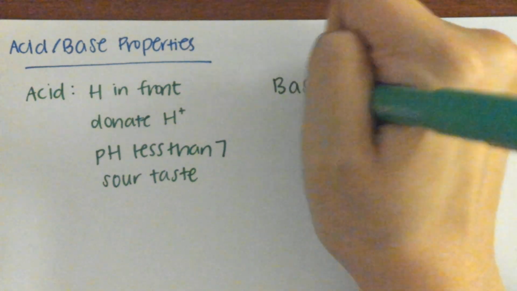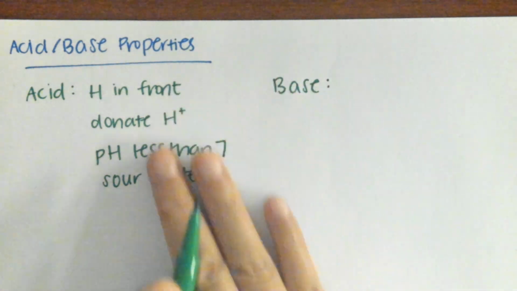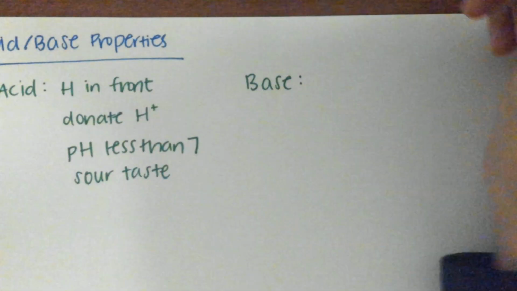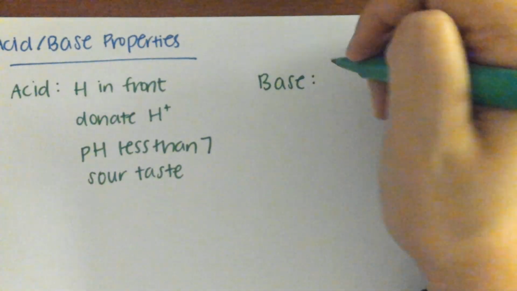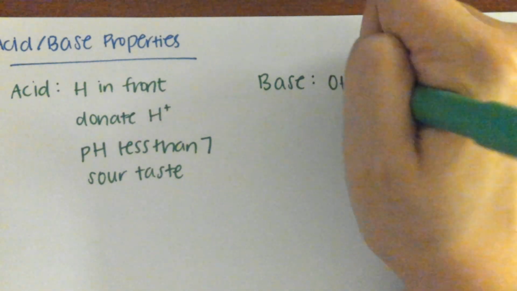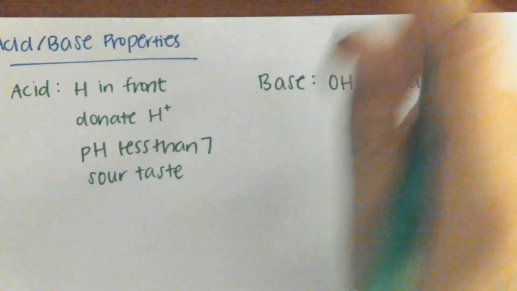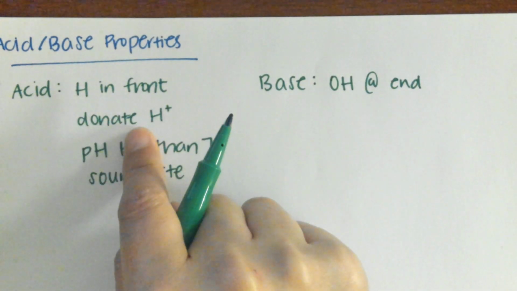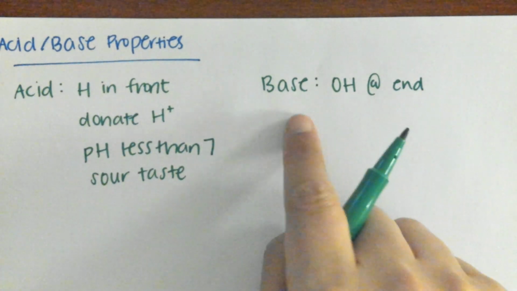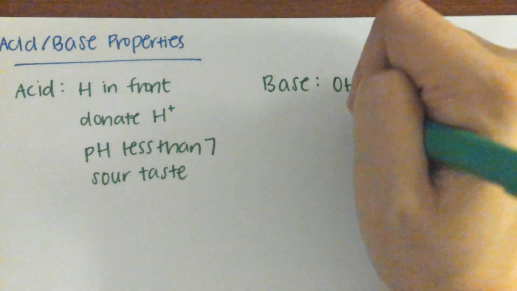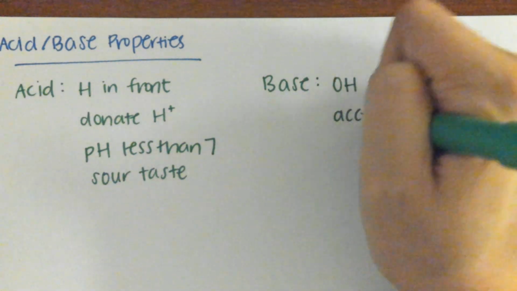And then you have bases. So think of this but opposite. So how do you know if a compound is a base? That's when it has an OH at the end. And when acids donate hydrogen, where do the hydrogens go? It goes to bases. So bases, they accept the hydrogen.